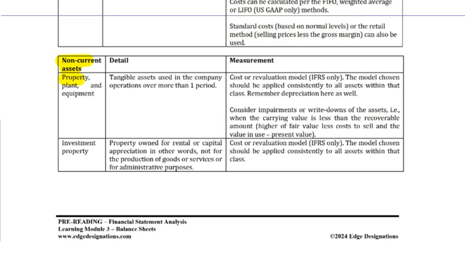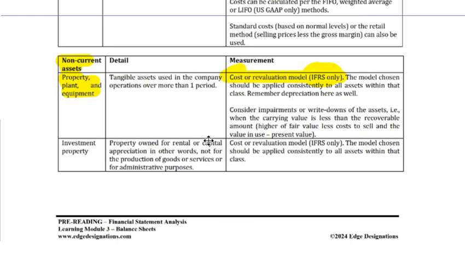Non-current assets, property, plant and equipment. A bit of a difference over here, but again we will see this in its own section called long-lived assets. It's measured at the cost or revaluation model. IFRS says that you can value property, plant and equipment either at what it cost you, or you can revalue it.